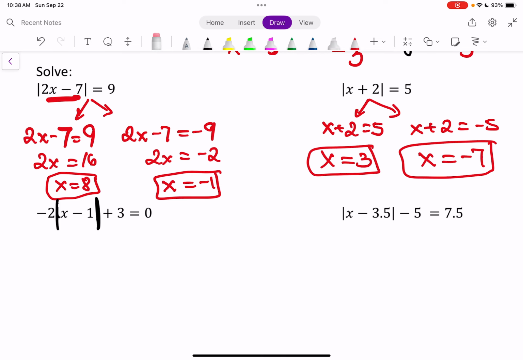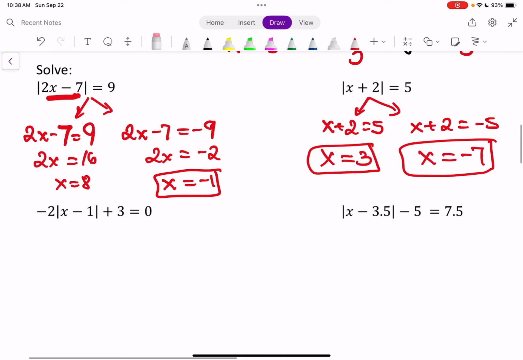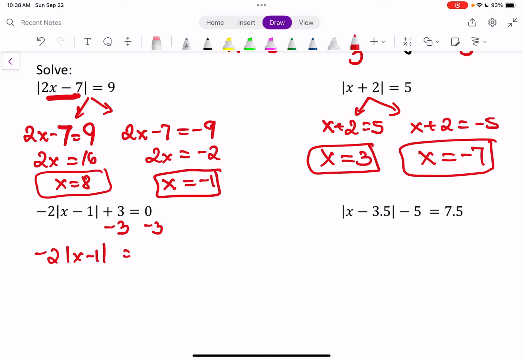But what I want to do is get this absolute value by itself first. So I'm going to move the 3 over. Divide then by negative 2, because negative 2 is multiplied to this absolute value. So when I divide by negative 2, I'm going to get 1.5.